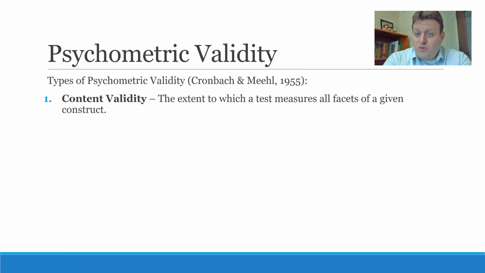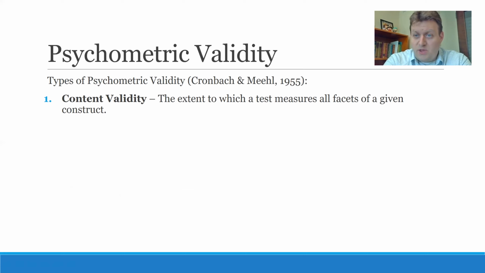So there are three major types of psychometric validity, and they were originally talked about in a famous paper by Lee Cronbach and Paul Meehl in 1955. It's one of those papers that any psychologist that goes to graduate school needs to read, but it is a boring paper. It is not very exciting.